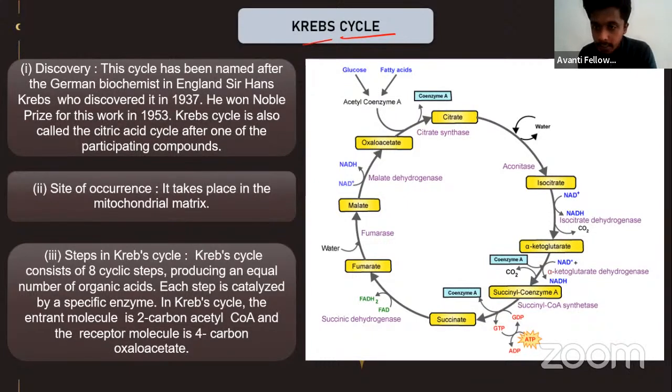Once we have citrate, hold on, I'll just use the annotation. Okay, so see here, students. Once we have the glucose that was converted into acetyl CoA, this acetyl CoA takes the help of something called oxaloacetate.